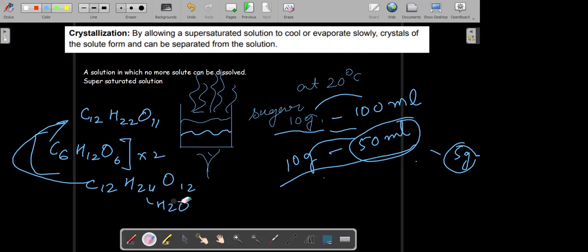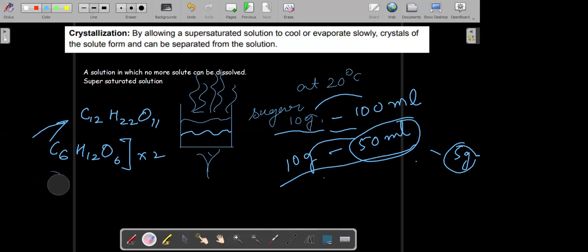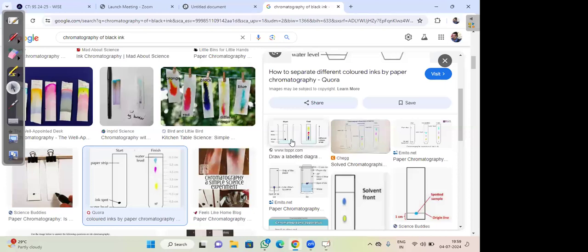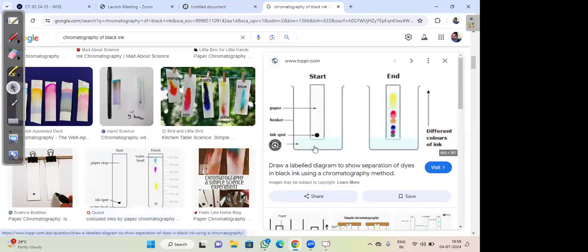Yes, sir. Okay, Advait, any other doubt? Sir, about the chromatography paper, we have to take water also for that. Yes, you need to take water in a beaker. The chromatography paper is placed like this, and here you have water. The water is absorbed by this paper and starts rising up.